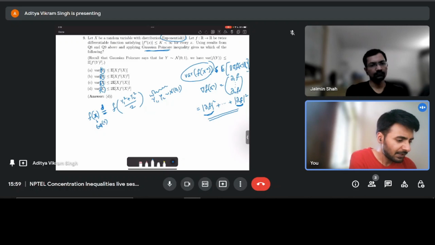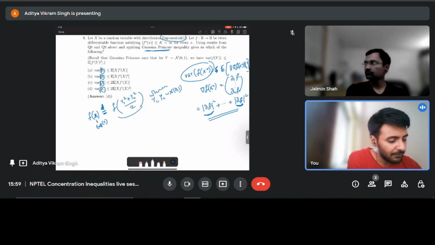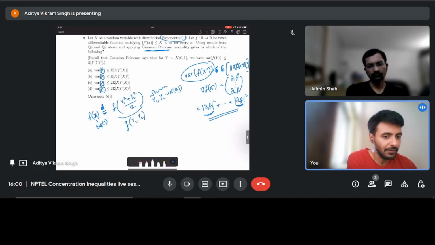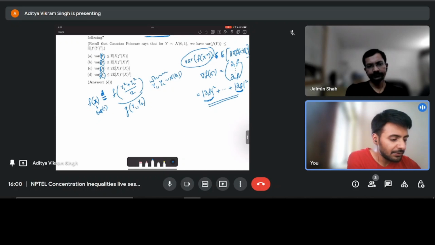Since we are dealing only with expectations and variances, we need only be concerned about distributions. Now this can be seen as some function g of y1 comma y2, a two-variable function.